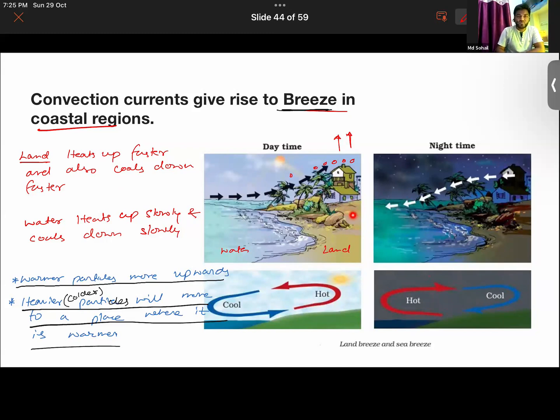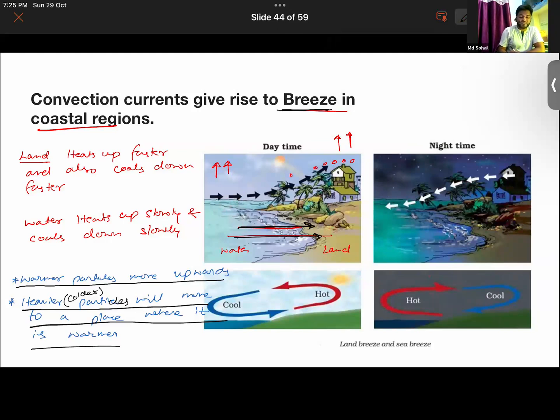Right, Tehsin, Abdul? You guys are getting it now. So thereby what will happen? The colder particles of air that are above the ocean will rush to take the empty space created over here. They will rush towards this. So that's why we get to see cold winds blowing from the oceans towards the land during the daytime, right?